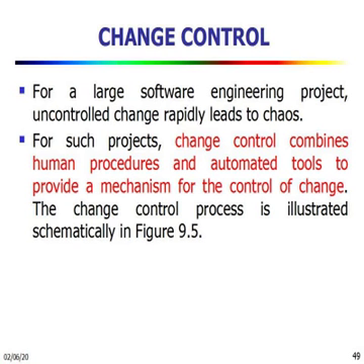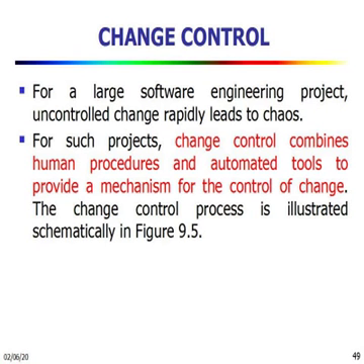Next, a software configuration management task is change control. For a large software engineering project, uncontrolled change rapidly leads to chaos. For such projects, change control combines human procedures and automated tools to provide a mechanism for the control of change.